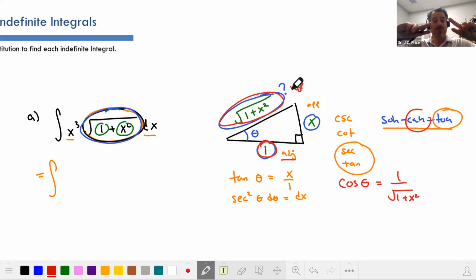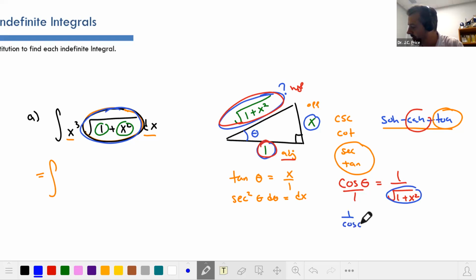And then I'll just flip both sides, because remember, I really want to solve for this because I want to plug in for it. Basically, I want to do a trig substitution. So I flip both sides here, and I get 1 over cosine of theta is equal to my square root of 1 plus x squared, which is really secant theta. So secant theta is equal to the square root of 1 plus x squared.